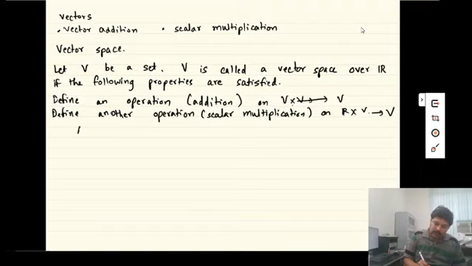And the properties need to be satisfied for addition and scalar multiplication.